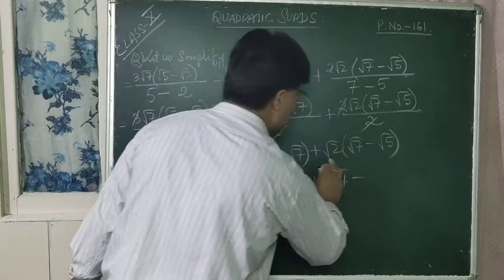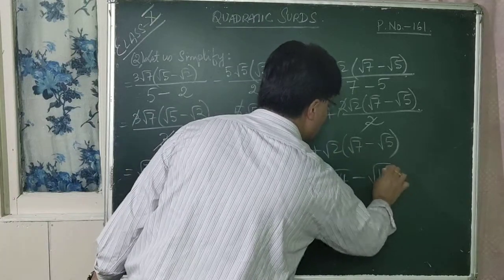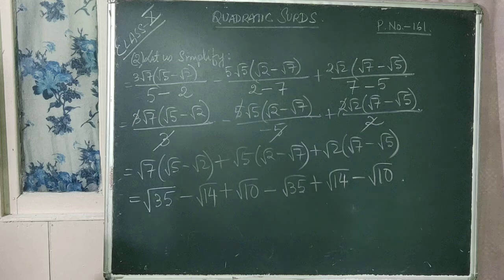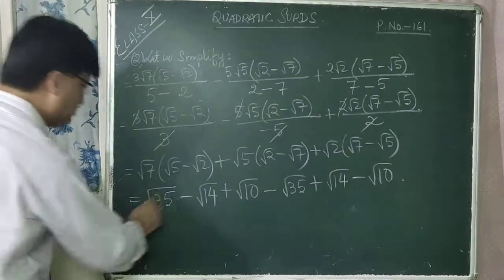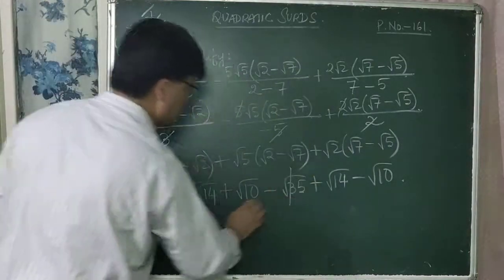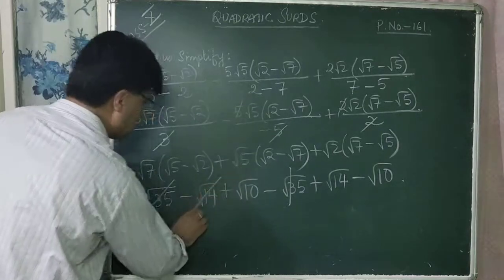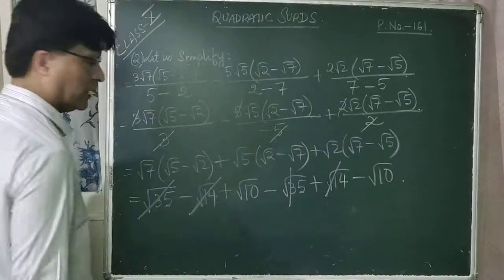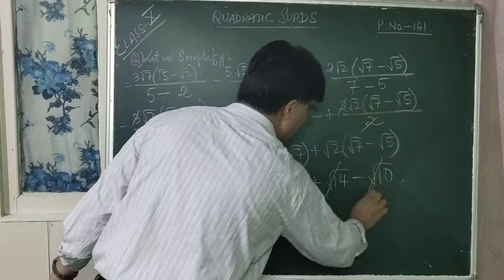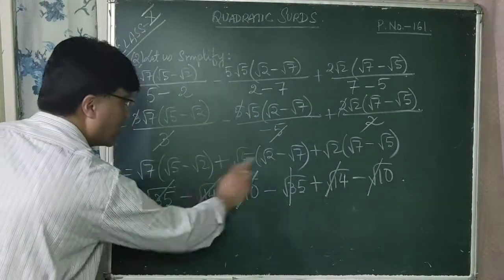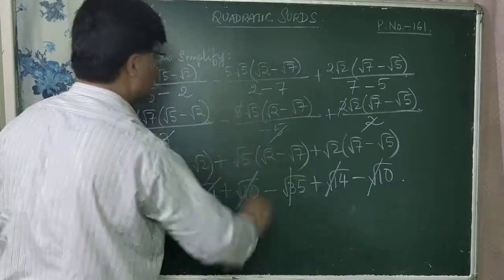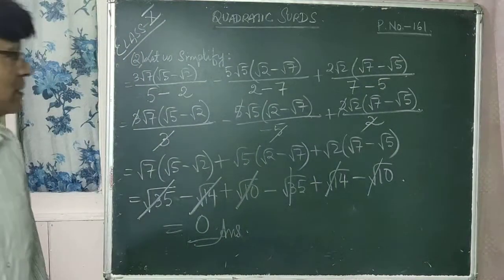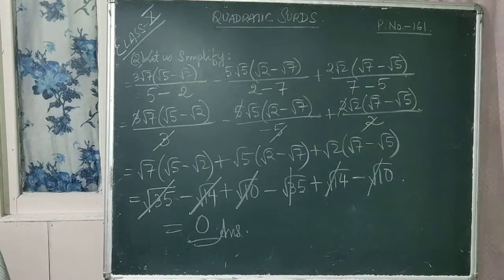Plus and minus, what is root 2 into root 5? It is root over 10. Is that clear to all of you? So you can cancel similar terms here, but they are of opposite sign. You can cancel them. Plus root 35 minus root 35, minus root 14 plus root 14, plus root 10 minus root 10. Which is equal to, all are subtracted here. So what is the answer? That is 0. So 0 is the answer. So understood? So you can copy it.